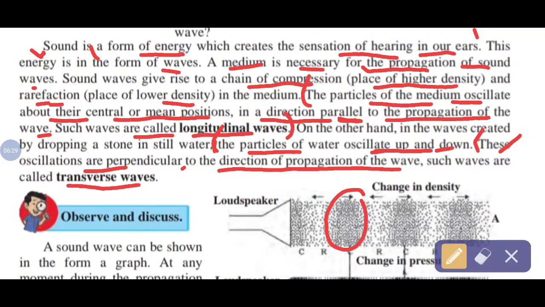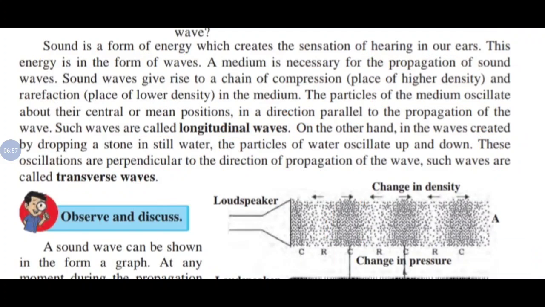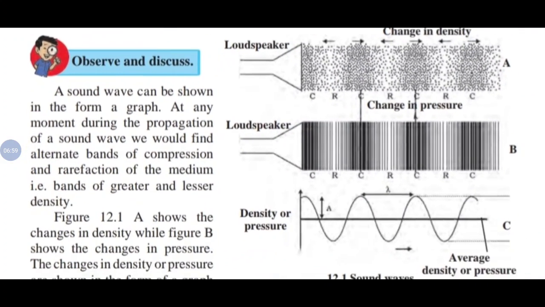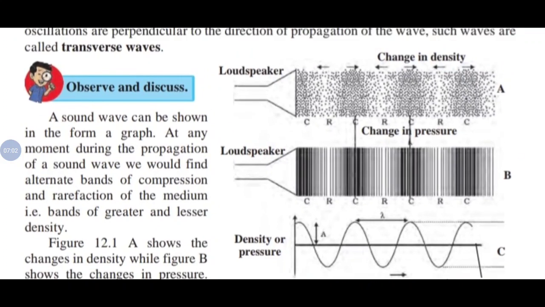That oscillation is perpendicular to the direction of propagation of the wave. So mark the definition from here: the oscillations perpendicular to the direction of propagation of the wave are called transverse waves. Remember this. Clear? Next. Now observe and discuss.